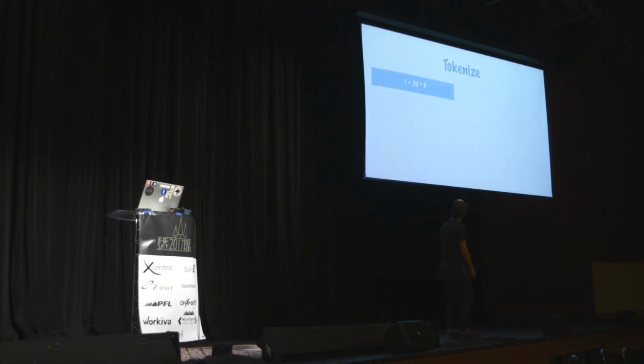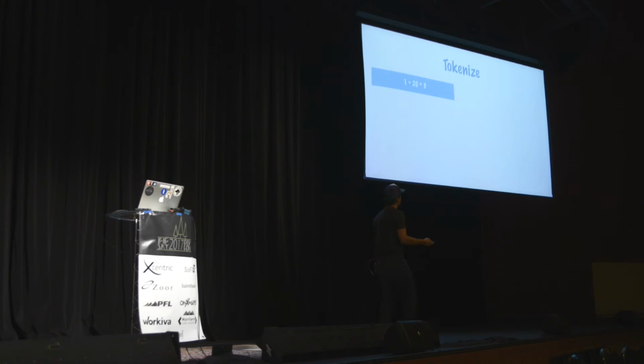So this is what tokenize looks like. We're going to work through this particular formula because it's got order of operations in it, and it's fairly simple. So 1 plus 20 times 3, we can figure that out. The answer is 61, right? Because you do 20 times 3 first, and then add 1 to it.